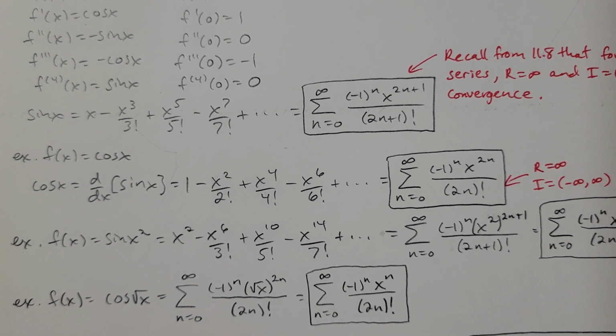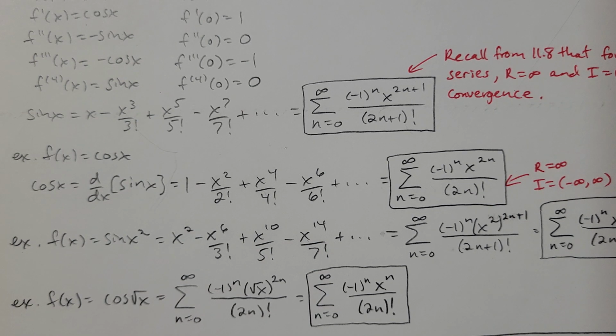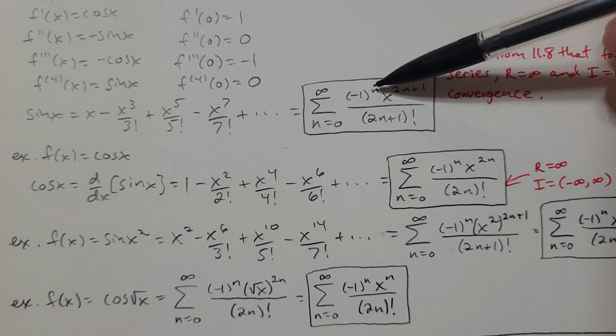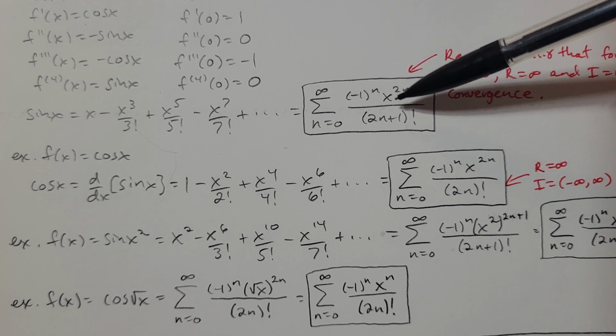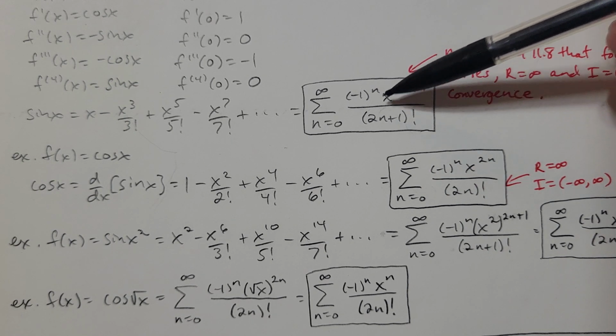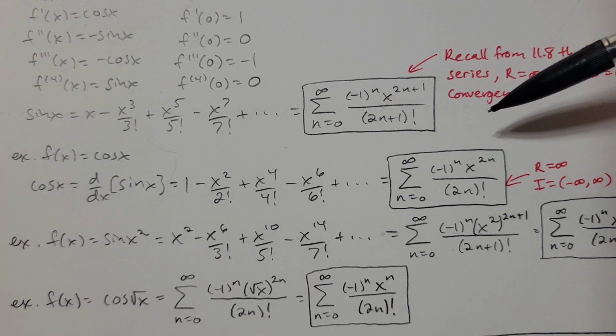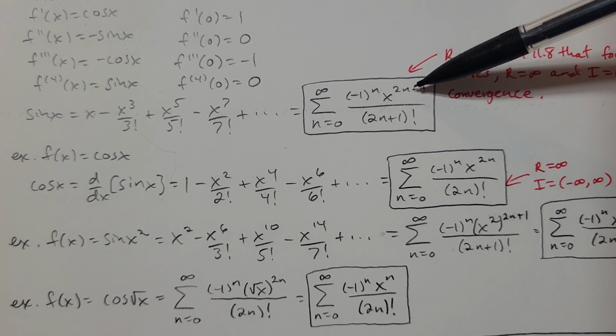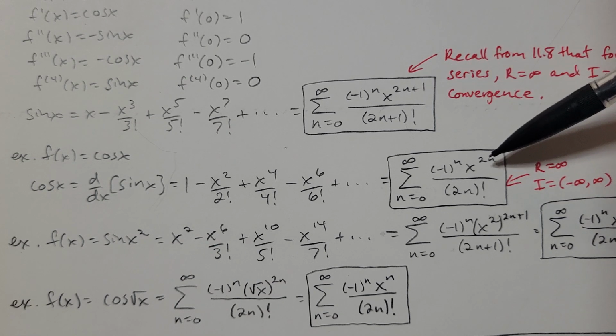Then in series notation, I have the summation as n equals 0 to infinity of negative 1 to the n, and again, I'm just taking the derivative here. So I bring down the power and then reduce the power by 1. When I reduce the power by 1, I got 2n plus 1 minus 1, that's 2n.